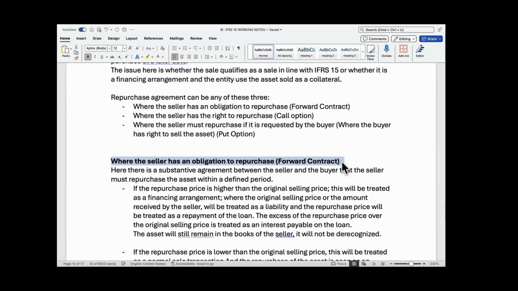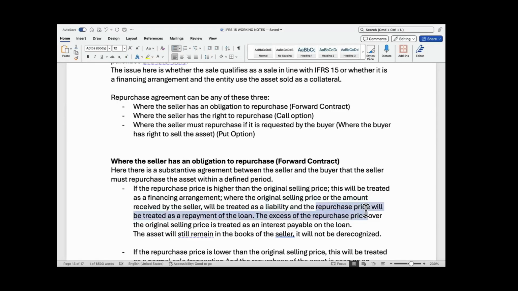And I told you that if the repurchase price is higher than the original selling price, we are going to treat that as a financing arrangement. If the amount you are buying it back for is higher than how much you sold it initially, that is a financing arrangement, which goes to show that the amount you received, the original selling price, we are going to treat as a liability, as a loan.